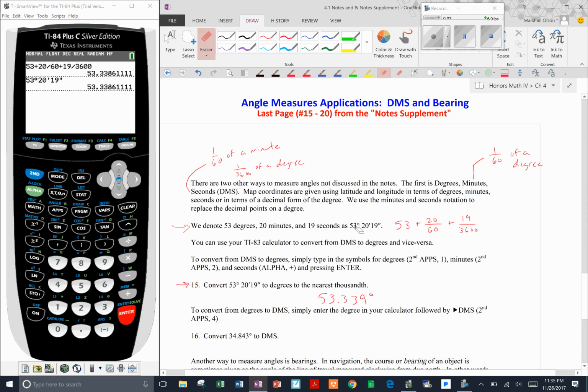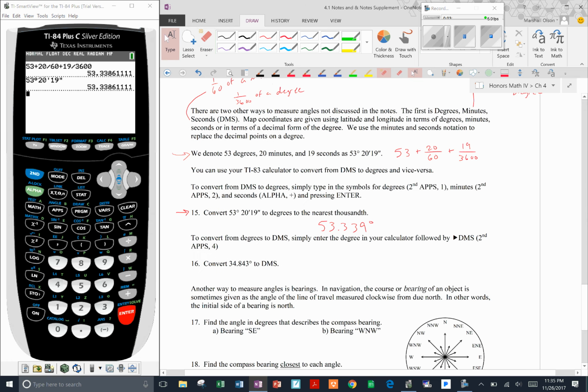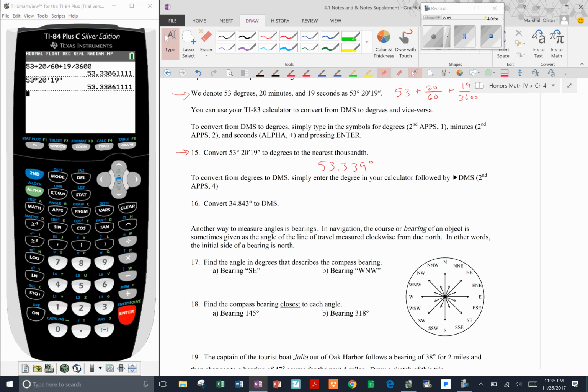If you want to go the other way, once you have the measure typed in, I'm looking at number 16 here, we'll type in 34.843. They want us to convert that to degrees, minutes, and seconds. So if I type that in, I go to that angle menu, second angle.